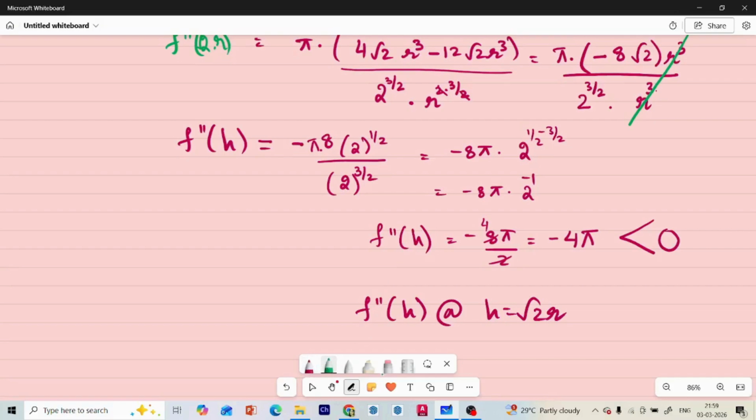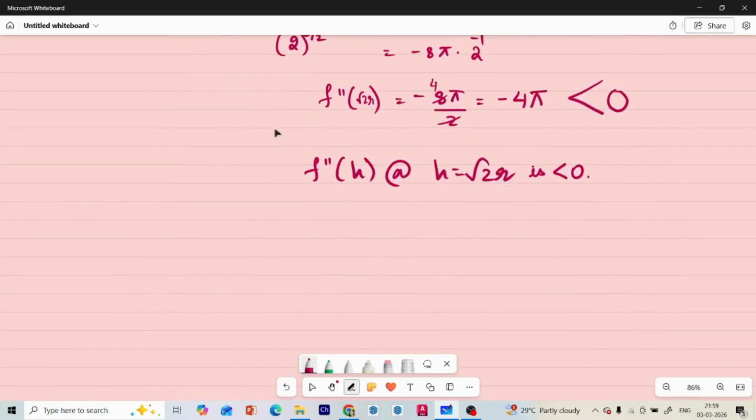Until the very end you can replace your f double dash with root 2r, because that's what you have to get. So f double dash h at h is equal to root 2r is less than 0. Therefore f of h is maximum at h is equal to root 2r.